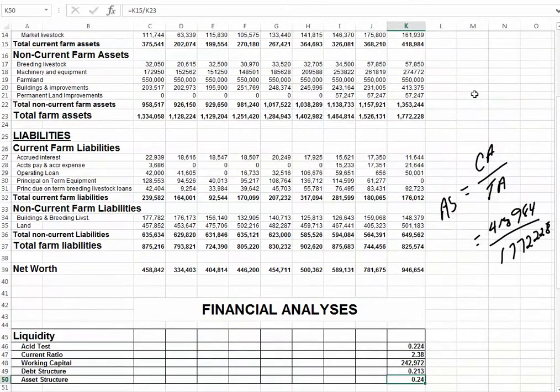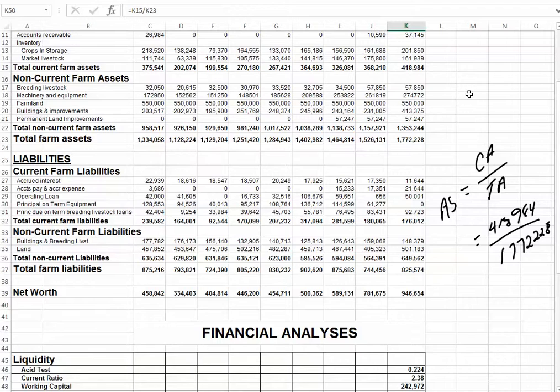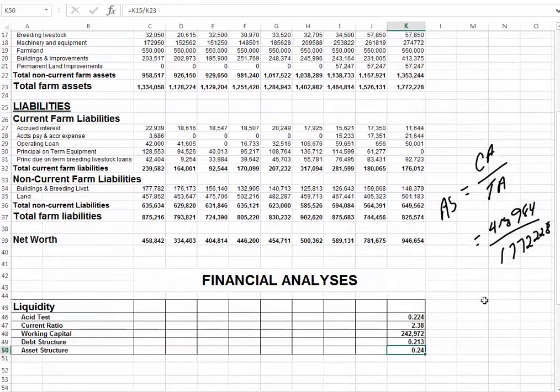So if a farmer didn't own his land, he didn't own his machinery, then he doesn't have a lot of non-current farm assets. So when you look at the current assets, they would be a much higher percentage of the total assets.